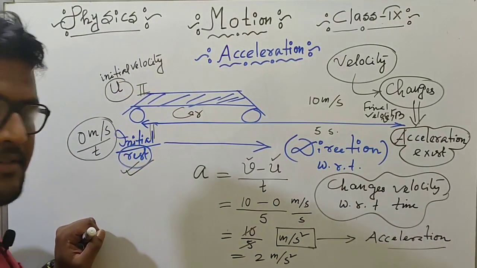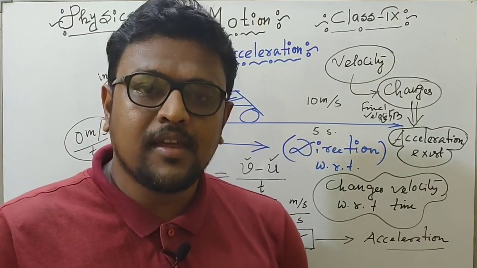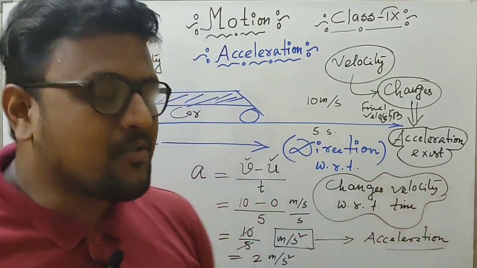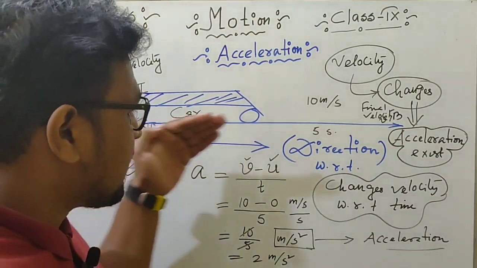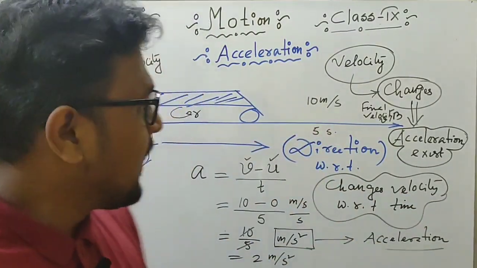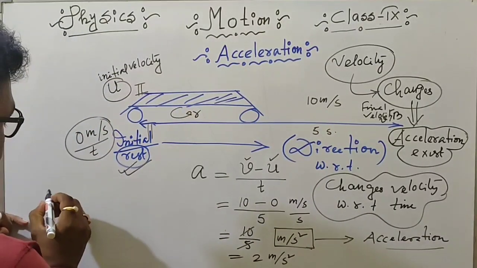So what is acceleration? Acceleration means when an object, in a car or any kind of vehicle, travels a particular path and changes its velocity. It may happen in two ways.